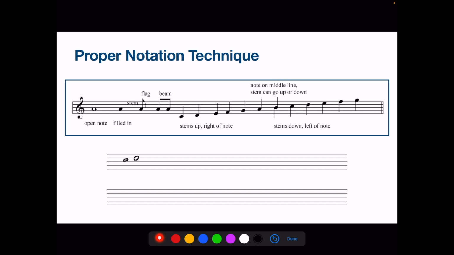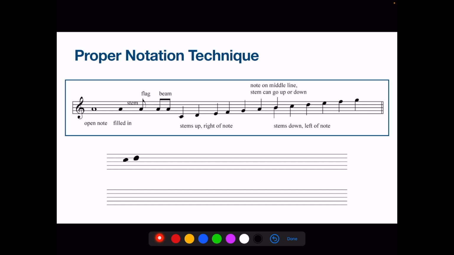So make sure that it's clear. If you write something like this, nobody would know what you're trying to indicate. Okay, so that's the very first thing. And then when you fill in a note, it's the same thing. Just make sure that it looks very neat, because music is a very, very precise and detailed kind of work. So if you're not writing properly, it won't be understood.